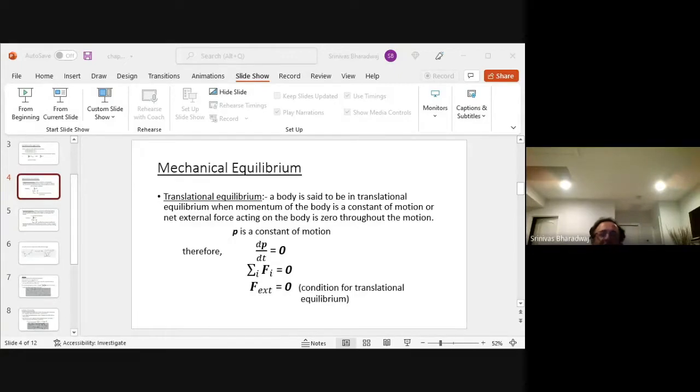Now, a couple is two forces that act at different points but have the same value. What does a couple do? If you had a positive charge and a negative charge in an electric field, they would experience a couple. You will have P cross E representing the torque experienced.